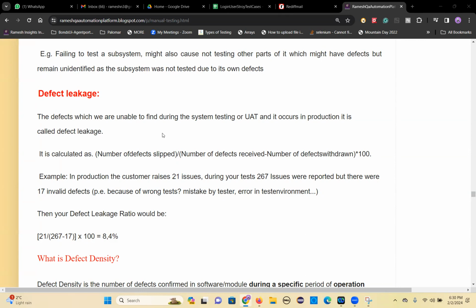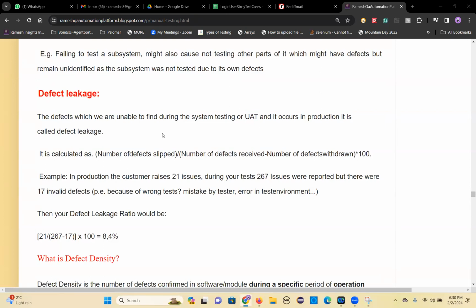That is called defect leakage. So you are not able to find the defects in your testing environments or UAT environments, but the customer found them in the production environment. That means you missed them. So that is called defect leakage.